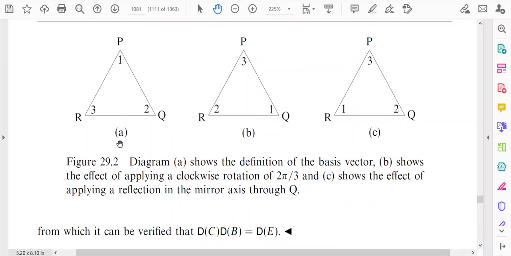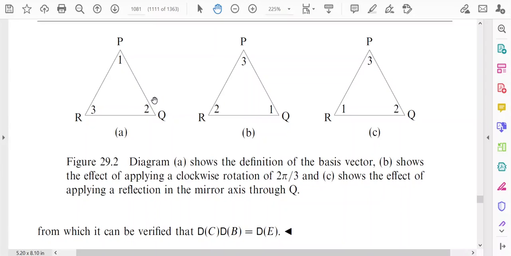Figure A is the initial figure of the triangle, and we have written 1, 2 and 3, where position 1 corresponds to the position P, index 2 corresponds to position Q, and index 3 corresponds to position R. So this is the initial configuration of the equilateral triangle.